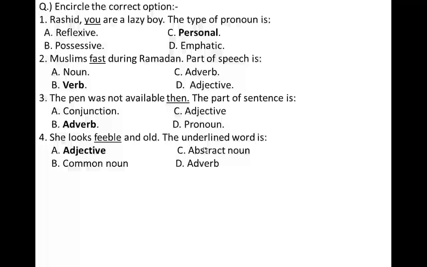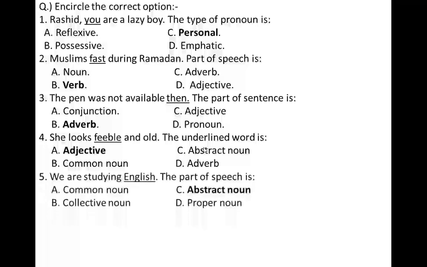She looks feeble and old. The underlined word is adjective, common noun, abstract noun, adverb. The words feeble and old both describe the quality of she, so that is an adjective. We are studying English. The part of speech is common noun, collective noun, abstract noun, proper noun. English, the underlined word, is an abstract noun.